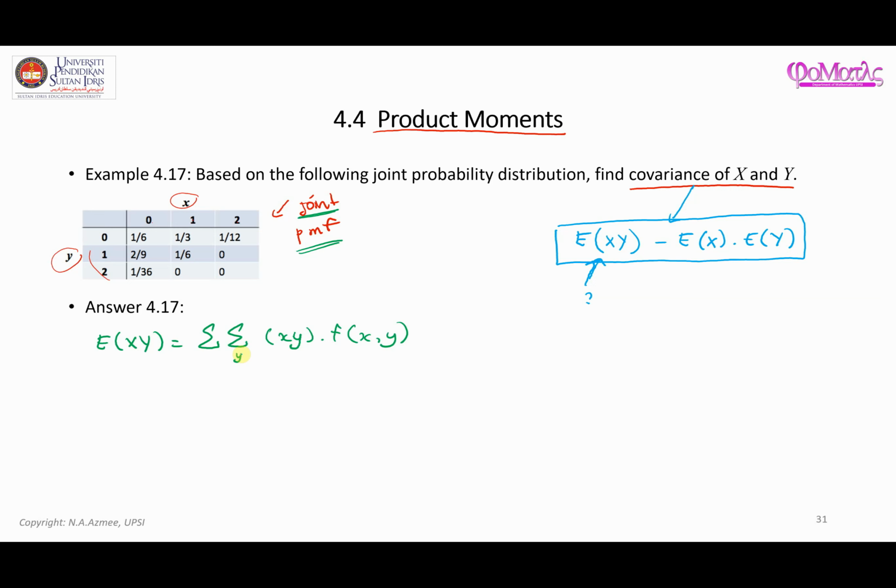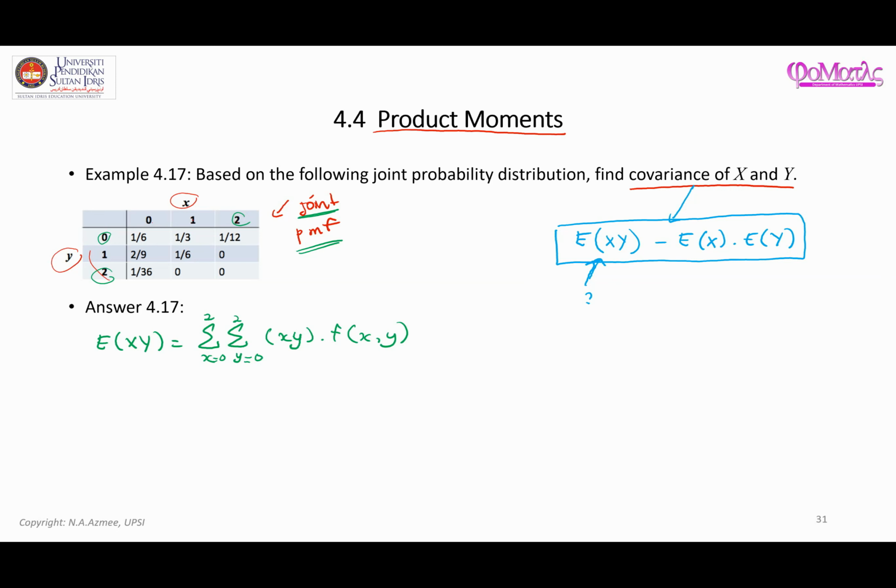This one corresponds to the values of y, and this one to the values of x. Y begins from 0 and changes until y is equal to 2. Similarly, x begins from 0 and changes until x is equal to 2. That is the ending point.